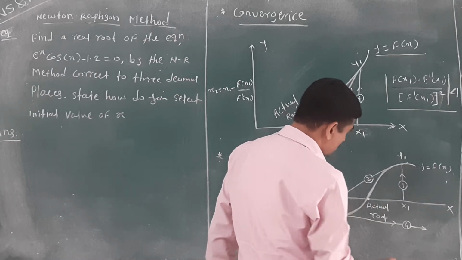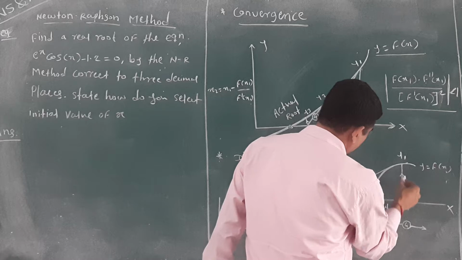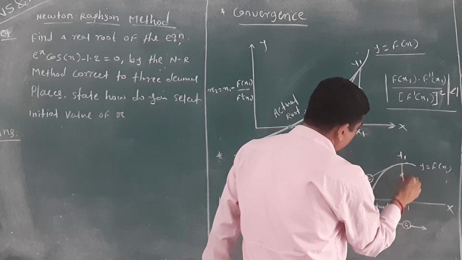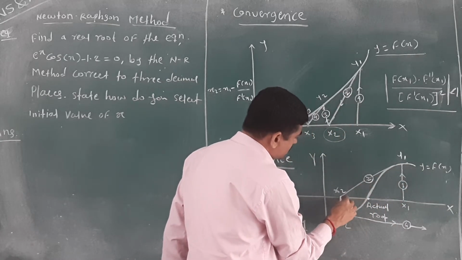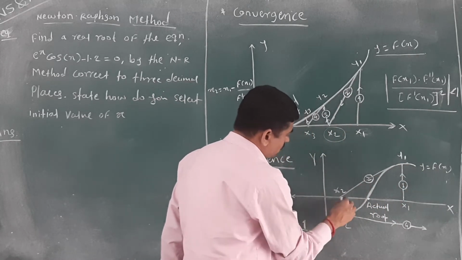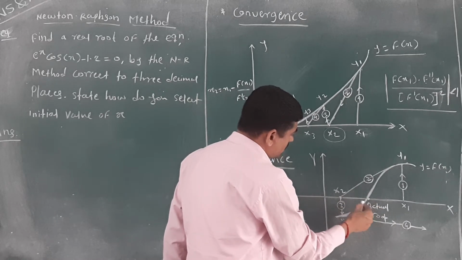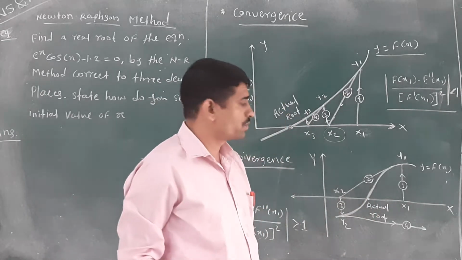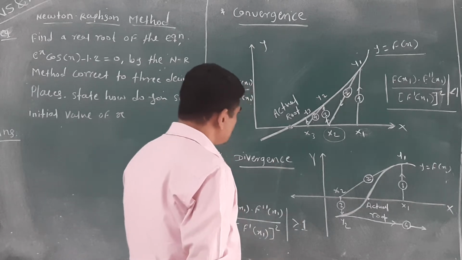The first x1 moves to y1, then when we draw the tangent, it intersects the x-axis, but the root is here and we are moving away from the root. That's why this method is called a divergence method.